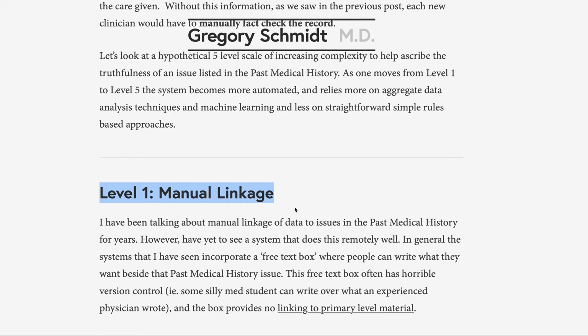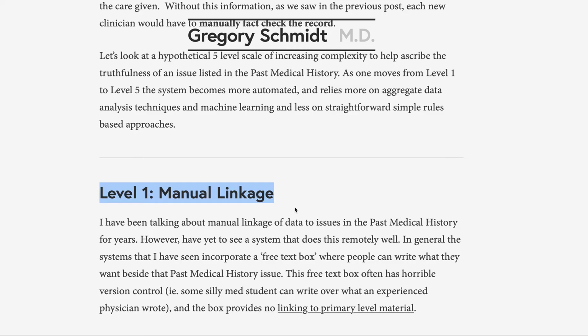Or the more advanced medical records allow each specific item in the past medical history to be entered, and then there is a corresponding free text box to add more detail. Now, of course, the user interface to manually enter these past medical history issues is atrocious in the medical records I've seen.